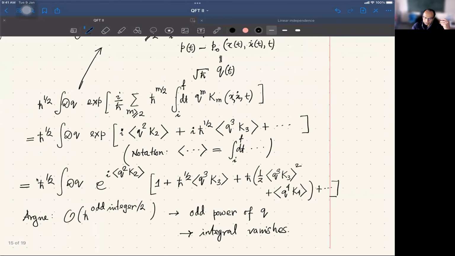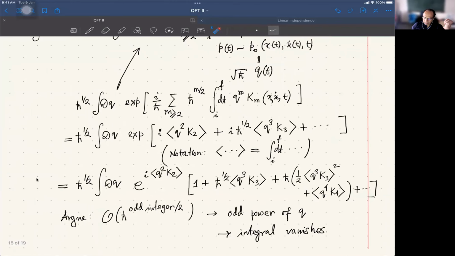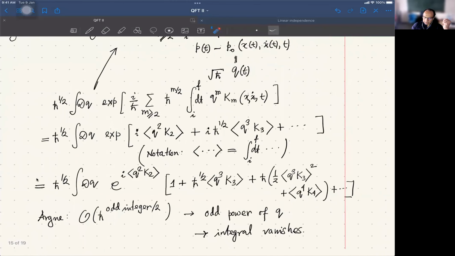So all these ħ to the power odd integer by 2 terms will drop out of this expansion because the integral will give you 0. The rest is an integral of dq times this phase times some powers of q in the path integral.